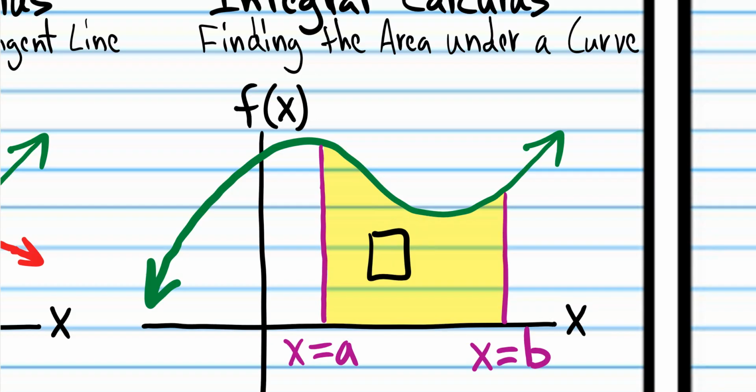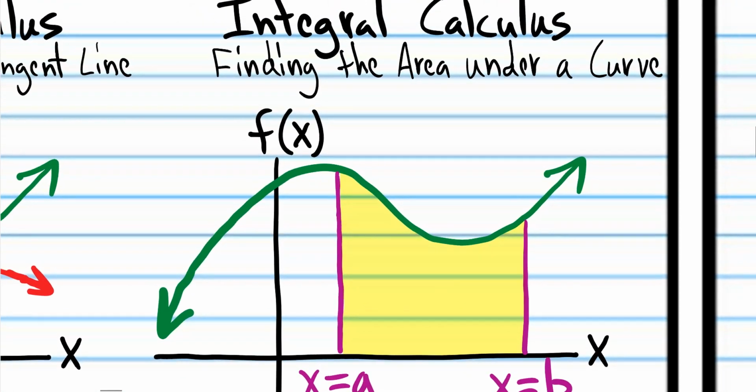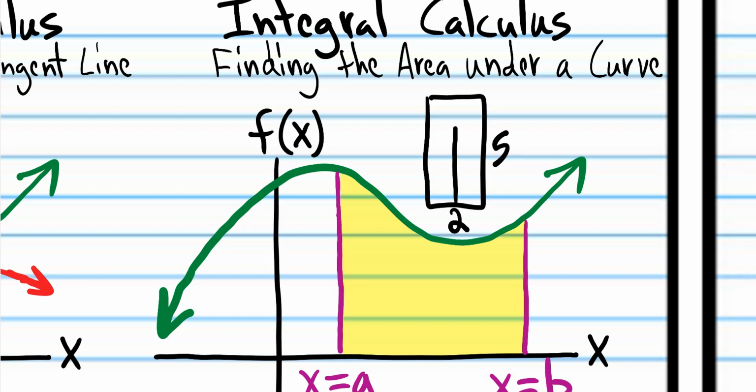Now, we can measure the area of a rectangle really easily. We just take the width, say the width is 2 and the length is 5. Then we can just count the number of squares, and then we have the area. So we can find the area of rectangles.